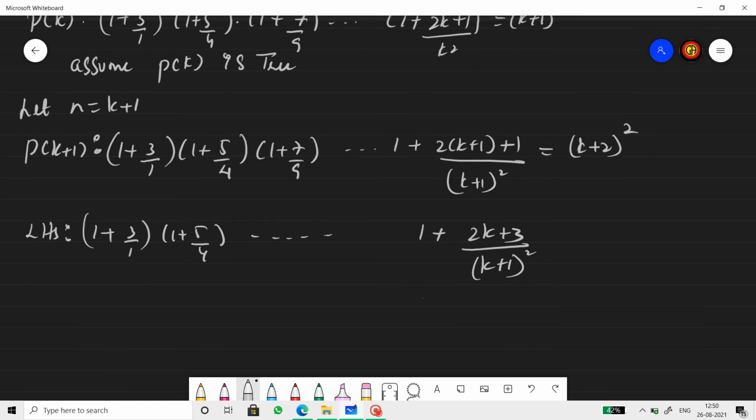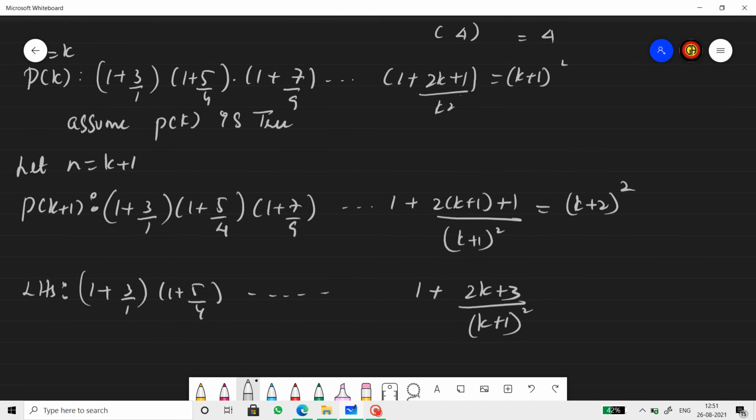Alright, now, if this is the (k+1)th term, the previous term, which is the kth term, will be this. Isn't it? So when n is k, the last term is this. When n is k+1, the last term is this. So the previous term will be k.